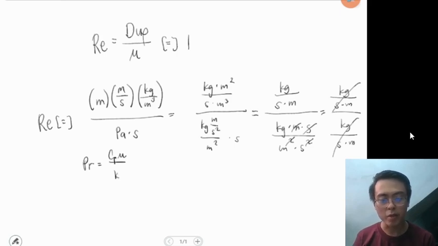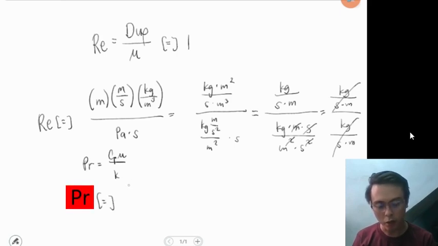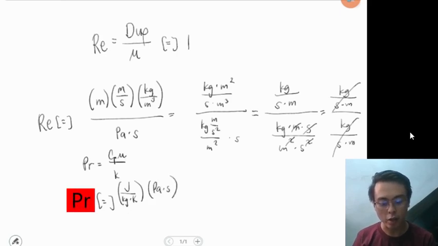In the Prandtl number, Cp is heat capacity. The base units of heat capacity are joules per kilogram per Kelvin. You already know viscosity; viscosity is Pascal seconds. And k is thermal conductivity.